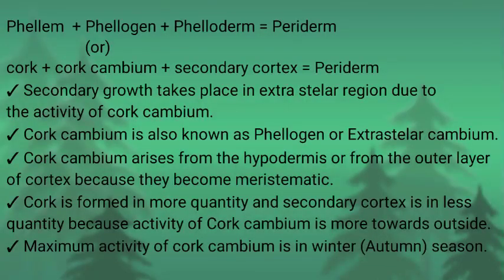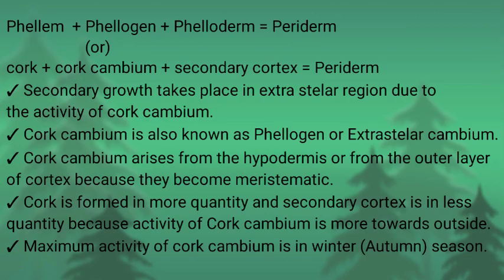Phellum plus phellogen plus phelloderm is equal to periderm, which means cork plus cork cambium plus secondary cortex collectively form periderm. Here you have to know phellum is also called cork, phellogen is also called cork cambium, and phelloderm is also called secondary cortex.